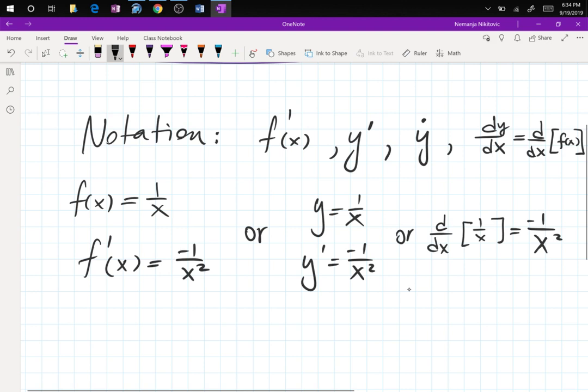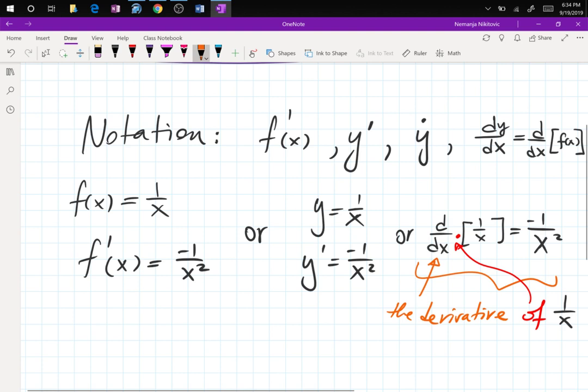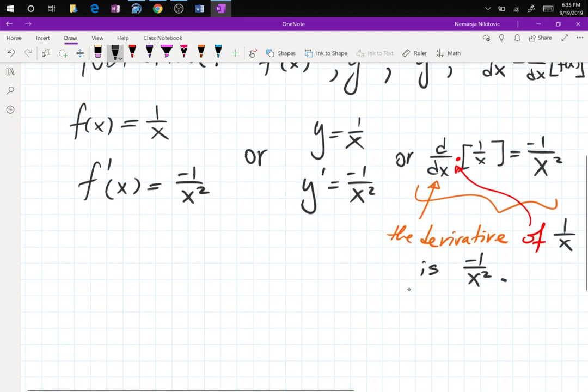And the way you read this one is you say the derivative of 1 over x is negative 1 over x squared. There we go. So that's the way you read this.